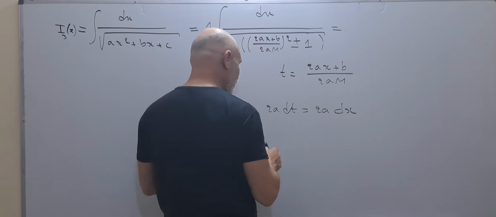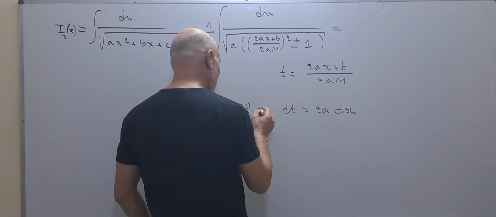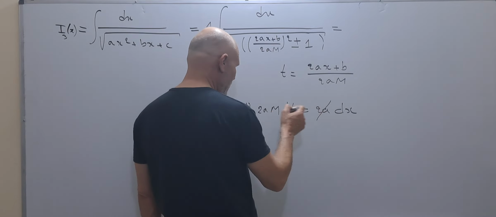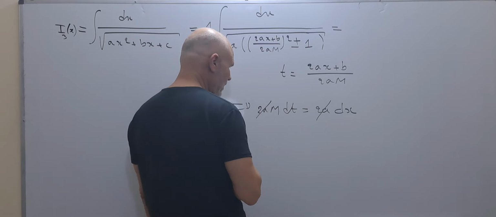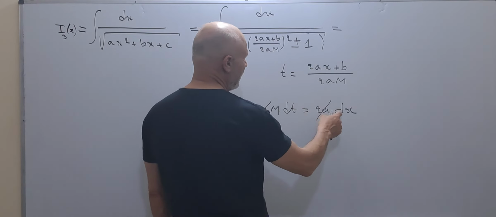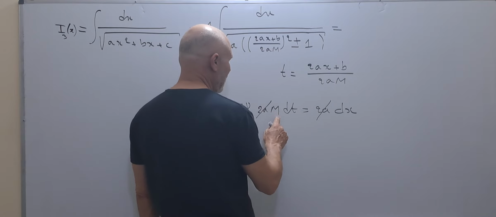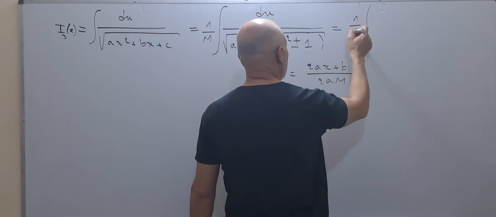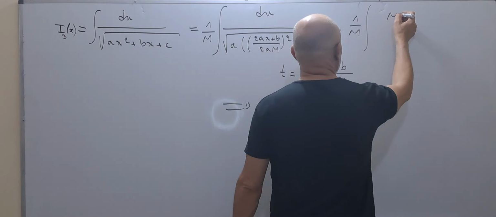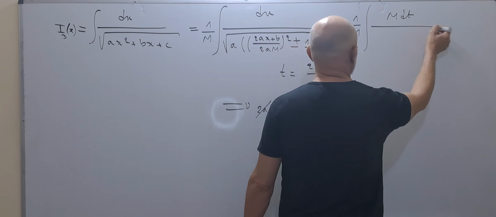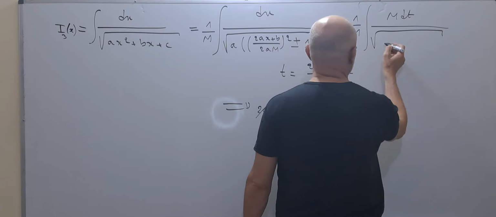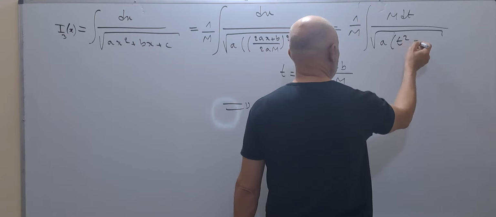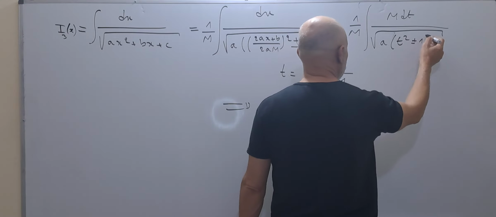Since a is different from 0, we can cancel 2a with 2a, and dx will be equal to m dt. This one is equal to 1 over m, times m dt, over the square root of a times t squared minus or plus 1.